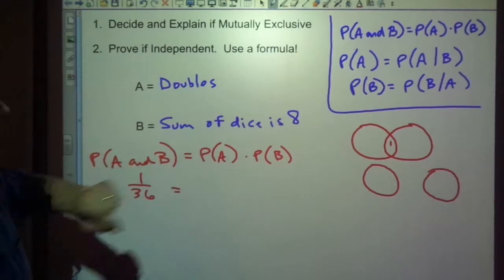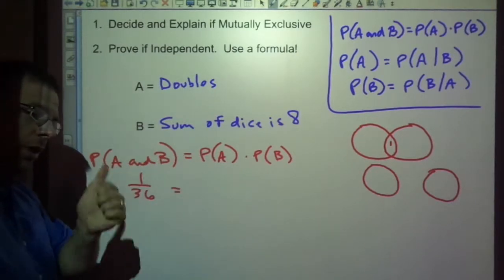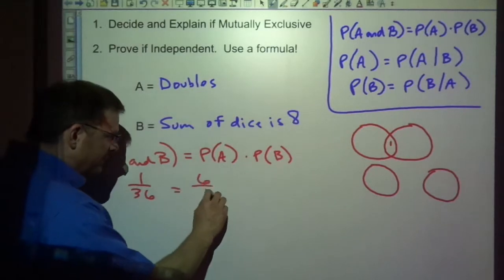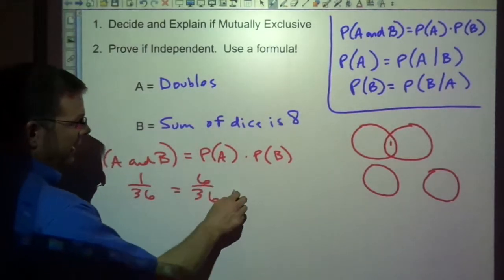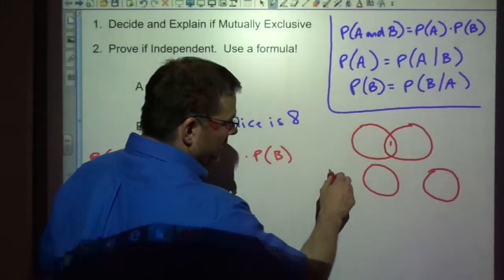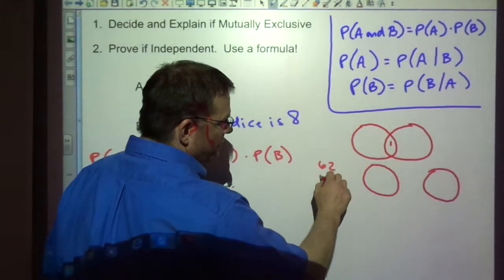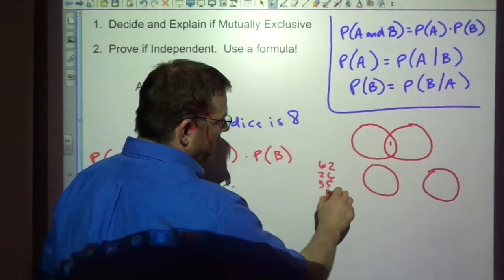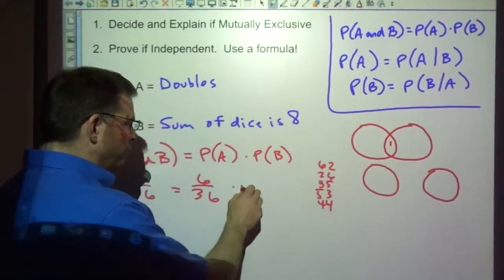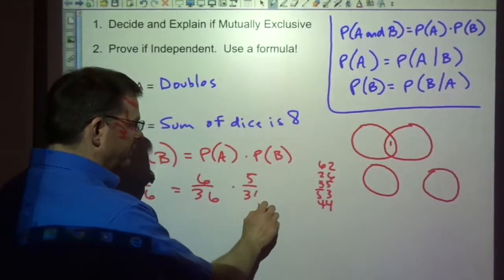The probability of rolling doubles, there are 6 rolls, 1, 1, 2, 2, 3, 3, 4, 4, 5, 5, 6, 6. So that's 6 out of the 36. And the probability that the dice total 8, let's see, we've got 6, 2, 2, 6, 3, 5, 5, 3, and 4, 4. 5 total rolls out of the 36.